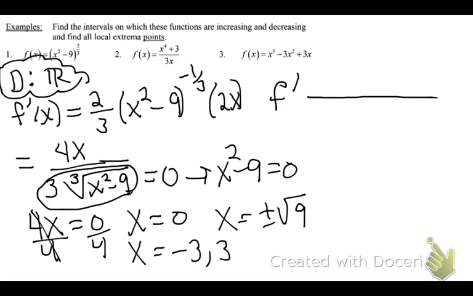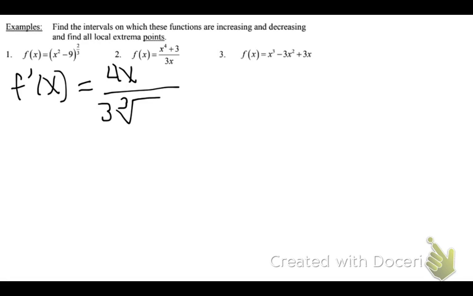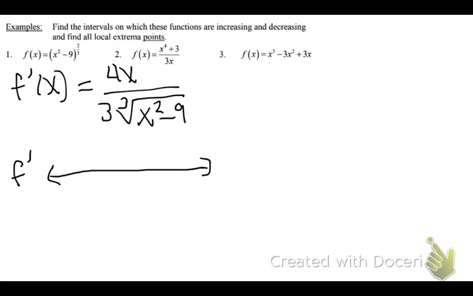I'm going to clear this and just write our derivative to give us a little more room here. So again, our derivative was 4x over 3 cube root of x squared minus 9. So our number line with my critical numbers on it will be negative 3, 0, and 3.